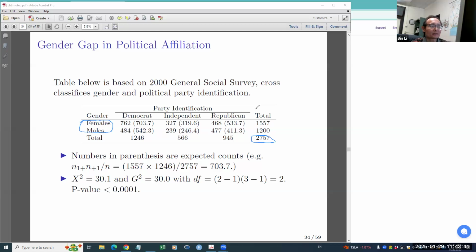Let's say the party identification and gender, these 2 factors, are independent. Then we can find the expected counts, right? Let's say for the female Democratic, what is the expected count? How do we find it? It's very simple. That's the first row, first column, is that right?